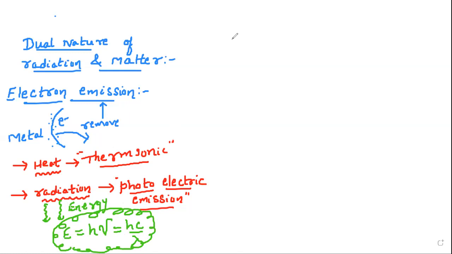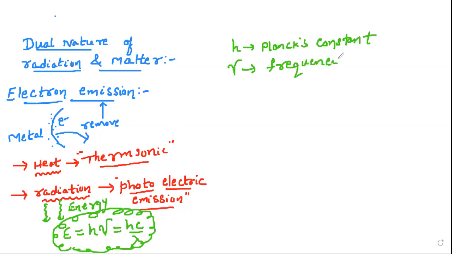Here h is called what? The Planck's constant. What about nu? Nu is called the frequency. C represents what? The speed of light.